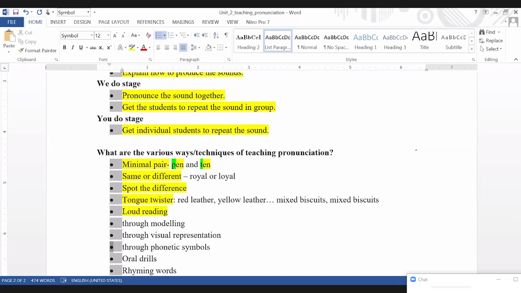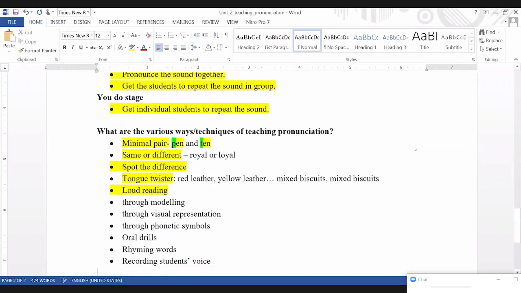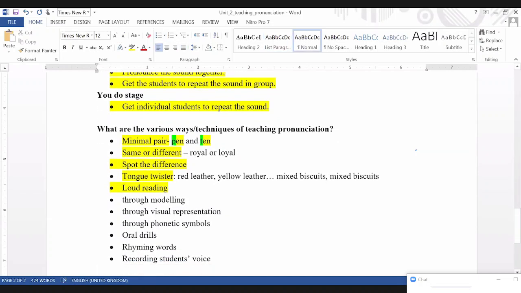When there are symbols on the syllables, students focus on stress there when they pronounce. Then oral drills, rhyming words, and recording students' voices also. Students record their voice, play and listen, and if there is anything to improve, they record again and listen again. This kind of practice can also improve the pronunciation of the students.